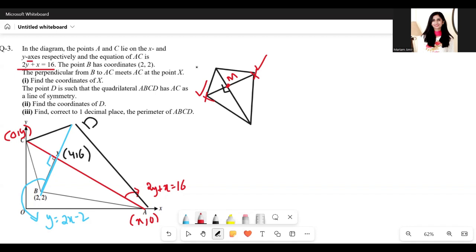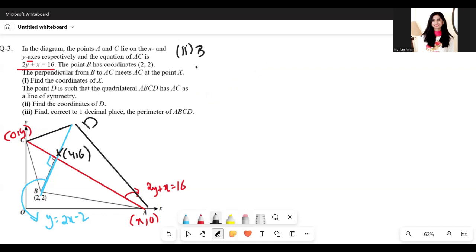So that means X is actually in the middle of B and D, and we should be able to find D easily. So we have B, which is 2, comma 2. Then we have the mid coordinate, which is X, which is 4, comma 6. And now we need the other extreme coordinate, which is x, comma y.